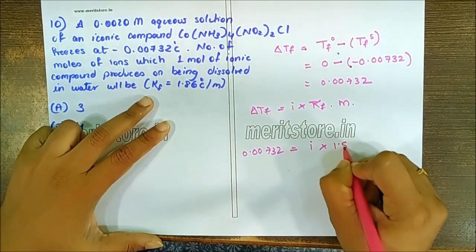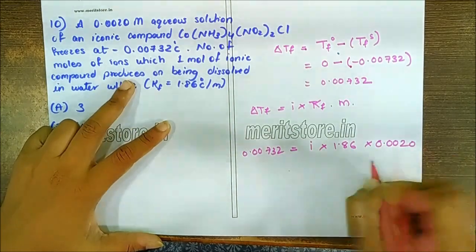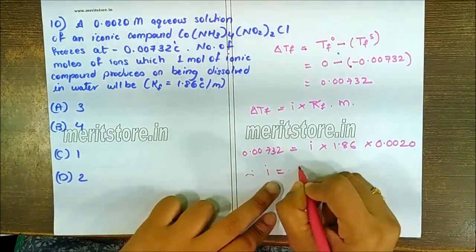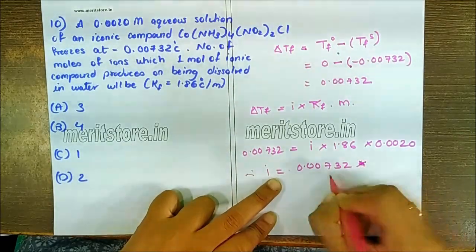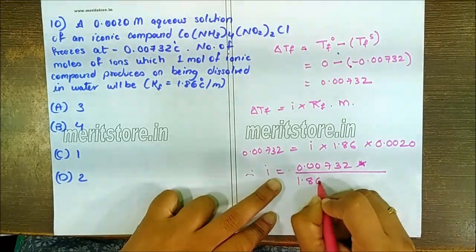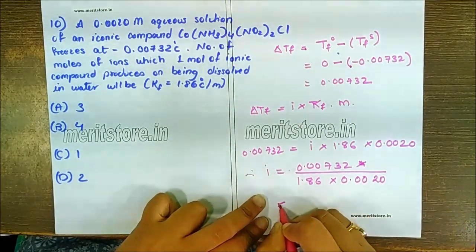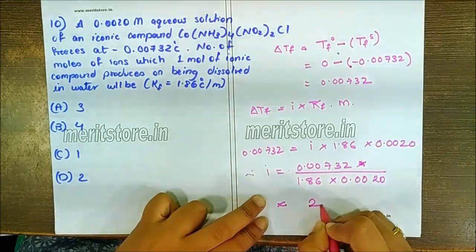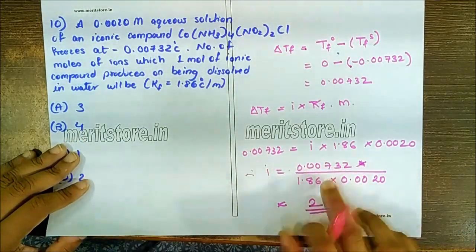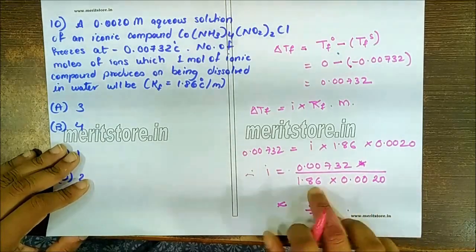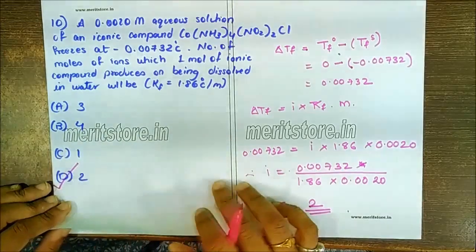Kf is given as 1.86, into molality 0.0020. So i is equal to 0.00732 divided by 1.86 into 0.0020, and this answer comes out to be 2, because if you multiply this, it's almost twice. So the answer is D.